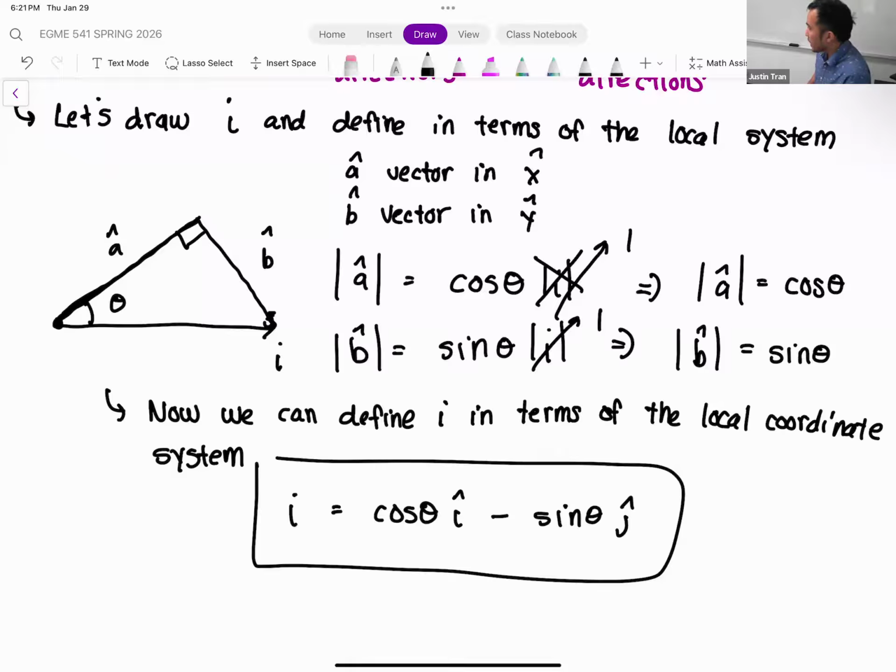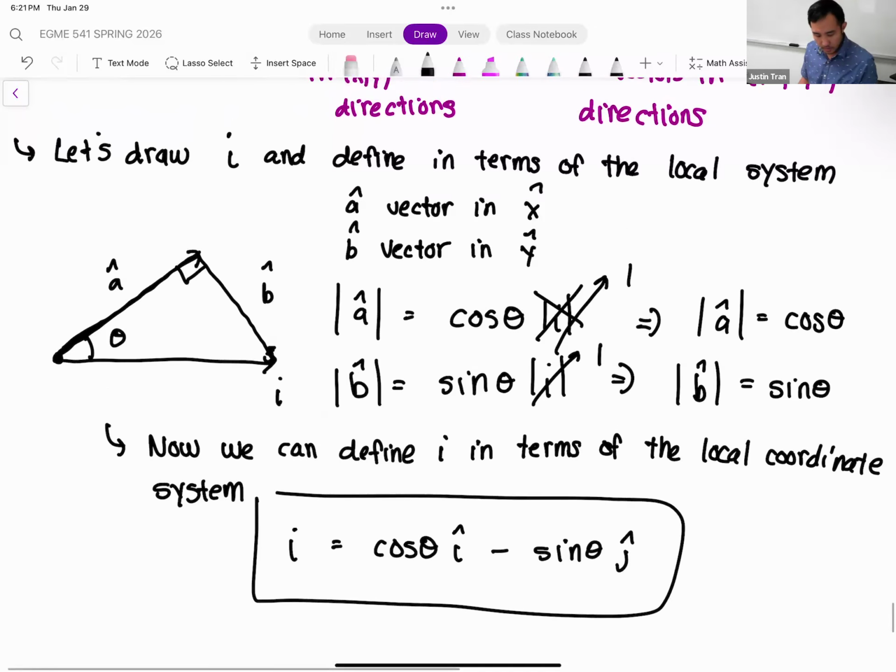I have the minus sign for j hat because if you look at the direction of the arrows, in order to go from the end of the A hat vector to the B hat, we have to go kind of down, and that's technically the negative y hat direction. All right, so a lot of trigonometry, a lot of geometry there. Any questions on this part here?